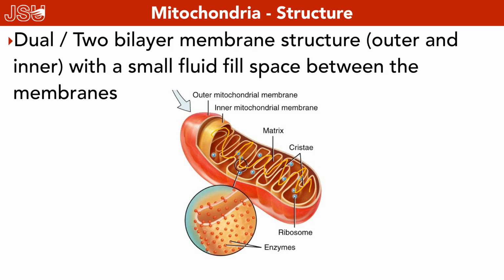We will get to why that is later on, but for right now: dual membrane structure, the inside is highly folded. But you will see this in a future test. It maximizes surface area. There are certain structures, ATP synthase, inside, and we want to maximize the area. More area, more of those structures we can have. Again, it goes back to its ATP production abilities.